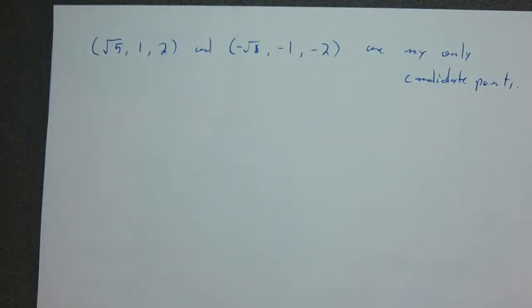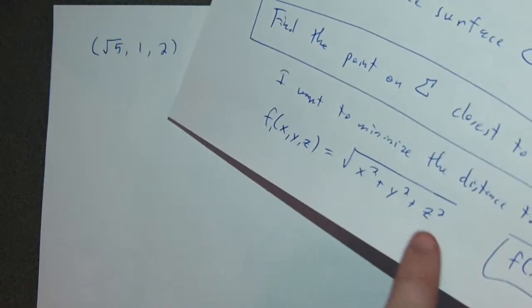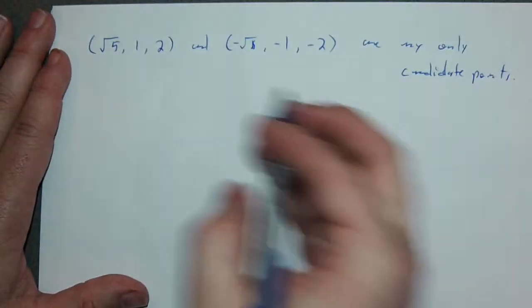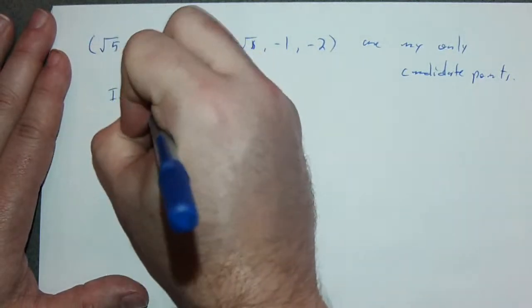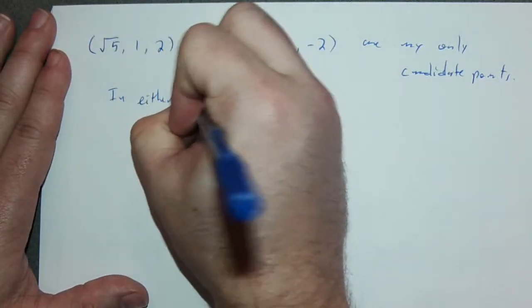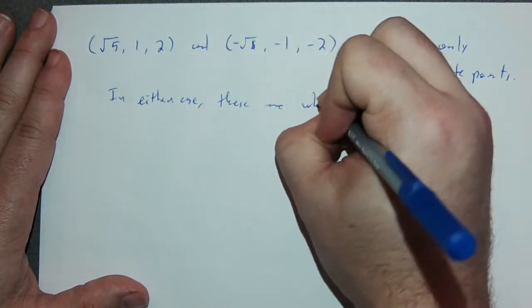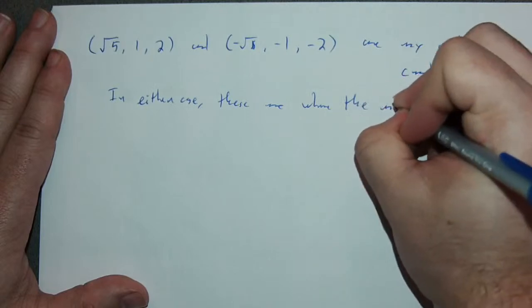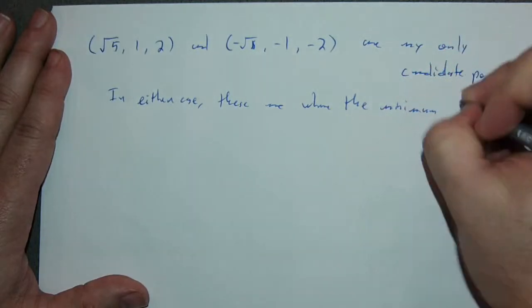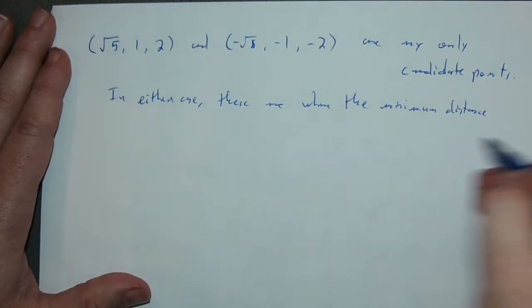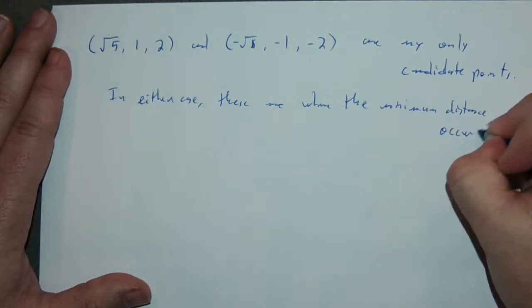If I plug these in to my original function that I was trying to minimize, what do I get? In either case, these are where the minimum distance happens. Why do I know that? Because their value is the same. So these are where the minimum distance occurs.